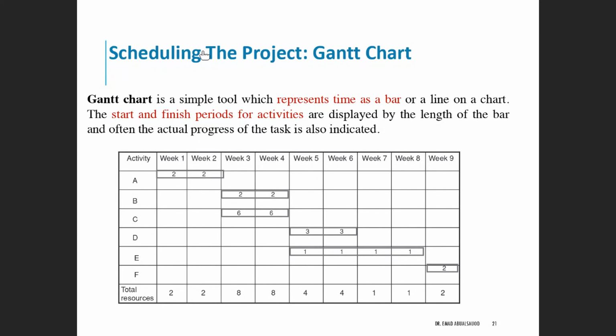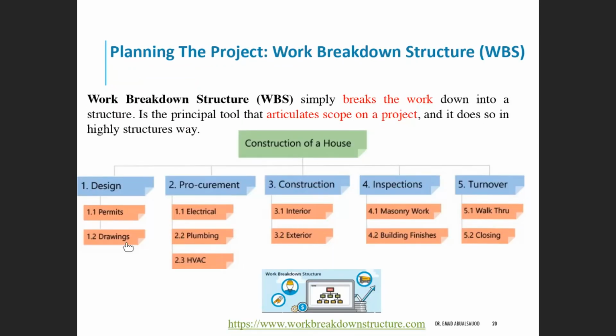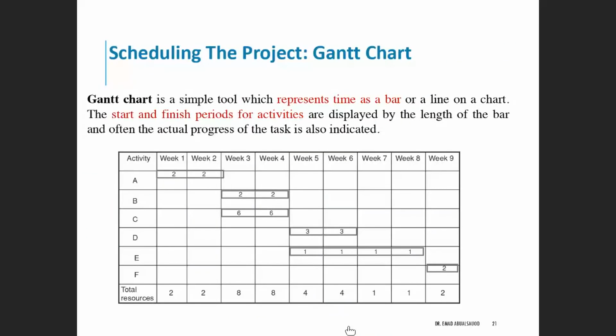If you are going to take other courses like project management or even your capstone design project, you are going to develop a Gantt chart. And usually the work breakdown structure that we covered is going to be helpful to construct the Gantt chart, because it will assign the tasks we developed here into a timeline.